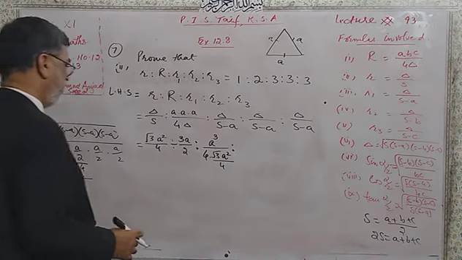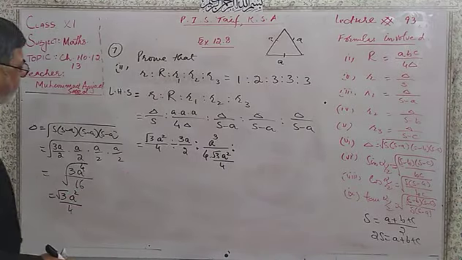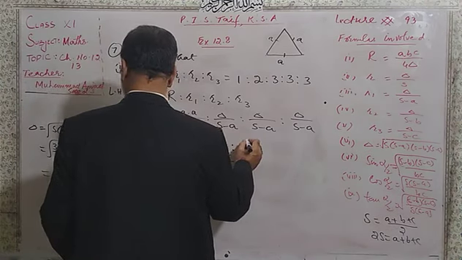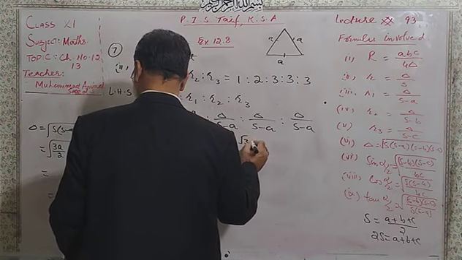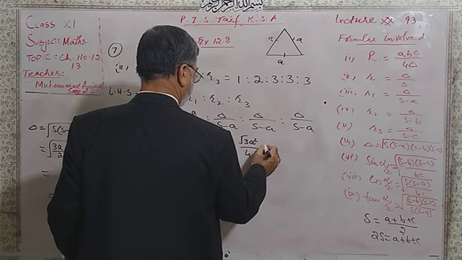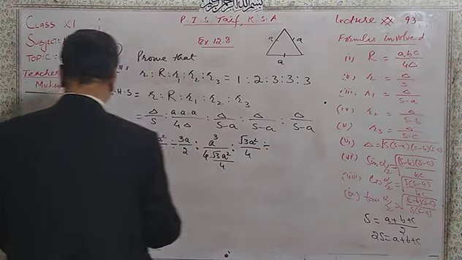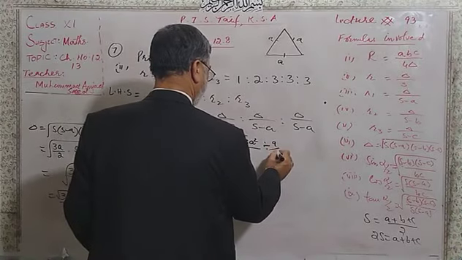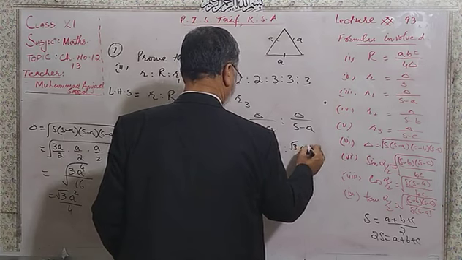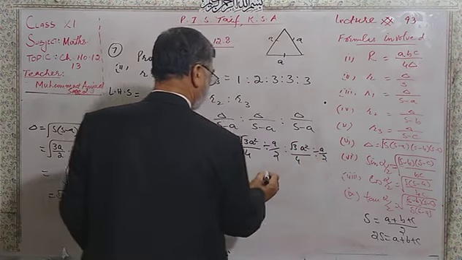Then delta is root 3 A square over 4, divided by S minus A, which is actually A by 2. Then same, root 3 A square over 4 divided by A by 2.